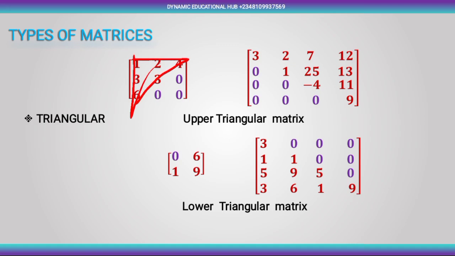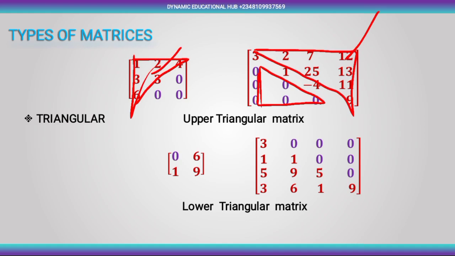Now let's look at the other example for 4 by 4. We have another triangle here at the upper part of our matrix. And if you look at the zero elements, you see that they also form a triangle at the lower part. So we have an upper triangular matrix.